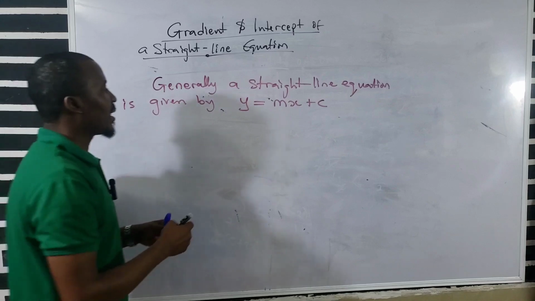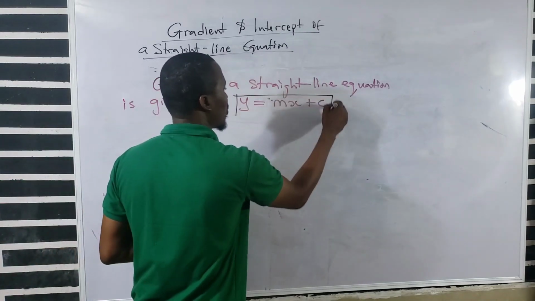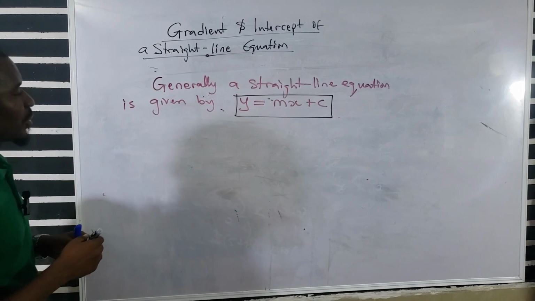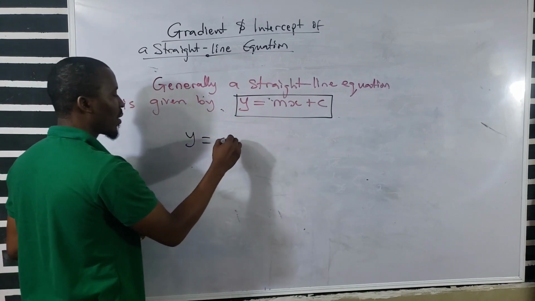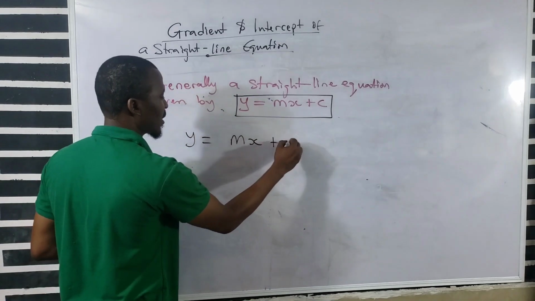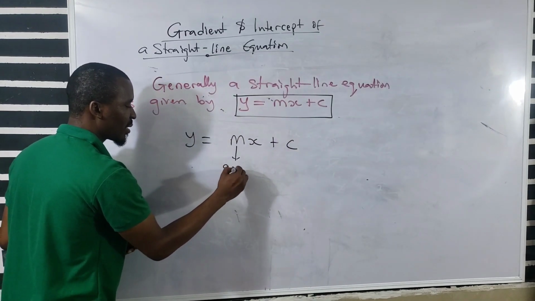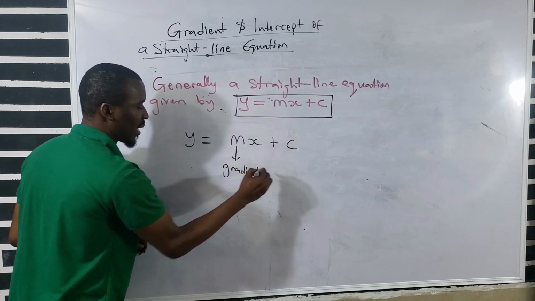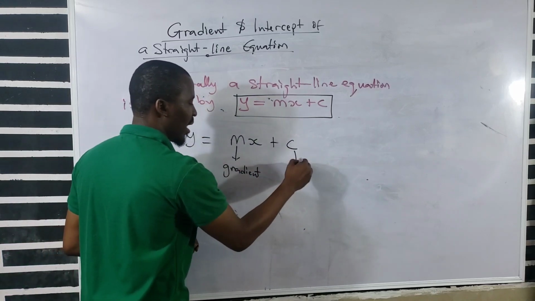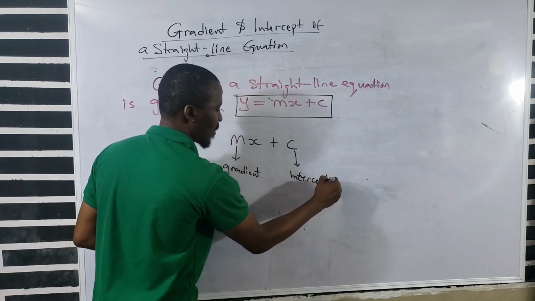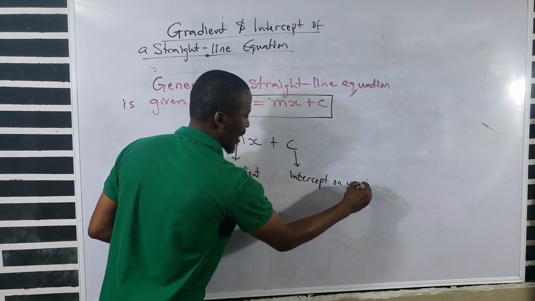Okay, so generally this is the equation of a straight line. So we need to analyze this equation. You have y equals mx plus c. This m here is the gradient of the line, while the c here is the intercept on the y-axis.